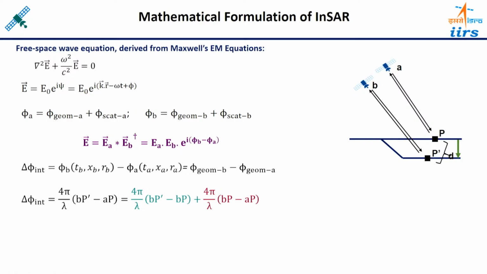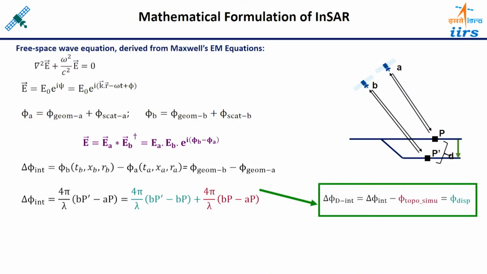So from this equation three things are there, two are known, one is unknown. The unknown can be calculated very easily, and it is nothing but the deformation phase, and from the deformation phase the deformation can be calculated, like deformation phase equal to 2 pi upon lambda into deformation. From this expression we can also write: delta phi int minus topographic phase equal to what will be left, this one, the displacement phase, called phi displacement.